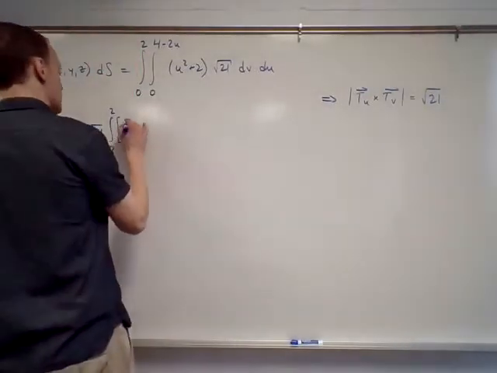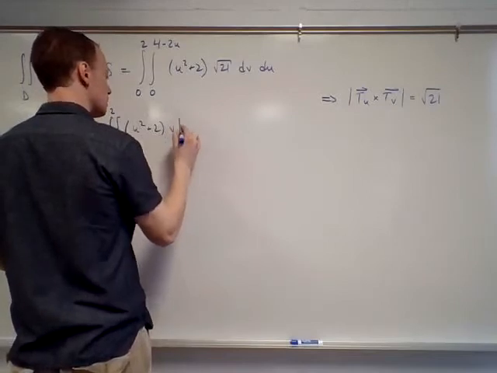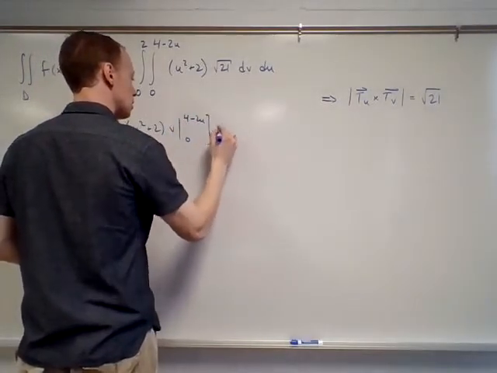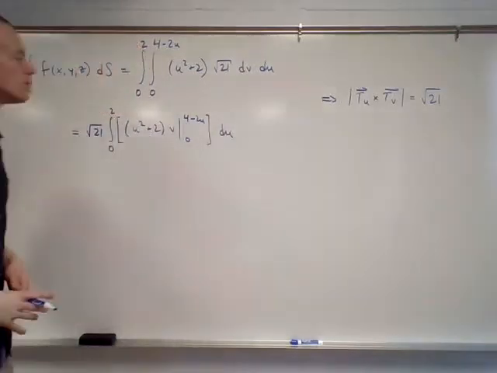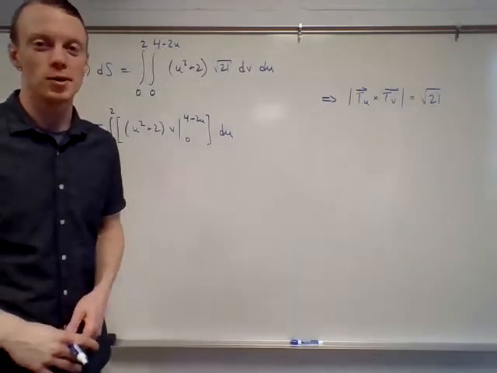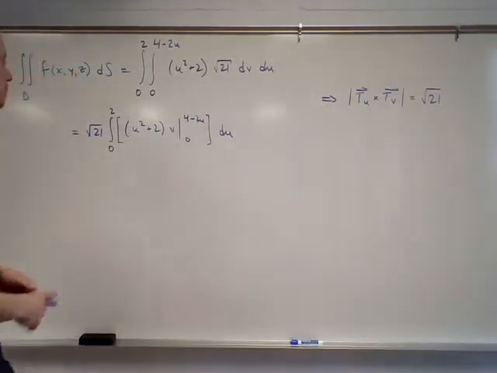So this is going to give me u squared plus 2 times v. Substitute in my top bound, there's some nice foiling that we have to do. Substitute in my bottom bound, we just get 0.